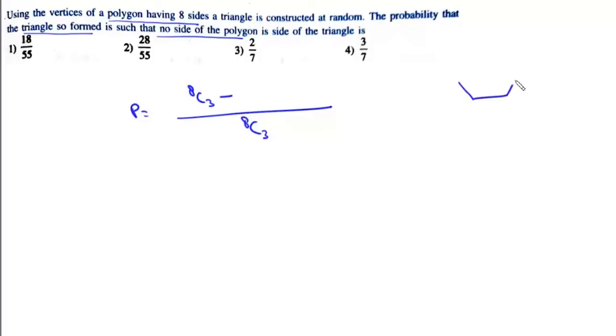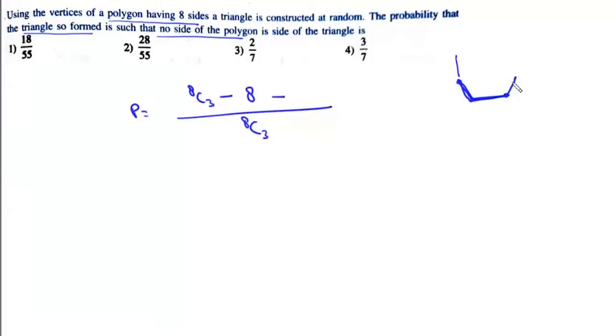Now we have two cases. Case 1, when two sides are common. So if two sides are common, we have to select 3 consecutive vertices, and 3 consecutive vertices from the n cyclic vertices can be selected in simply n ways. So it can be done in only 8 ways.